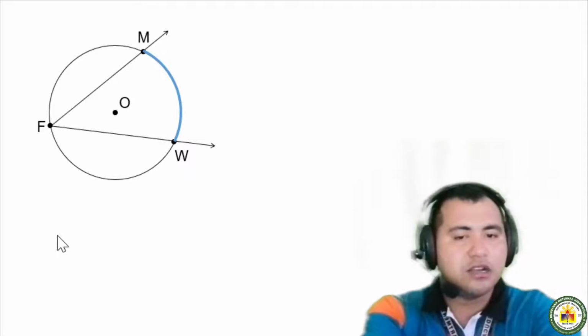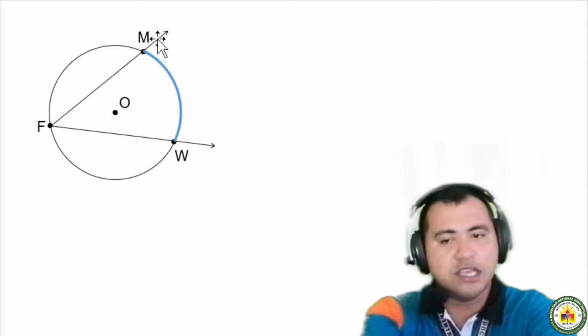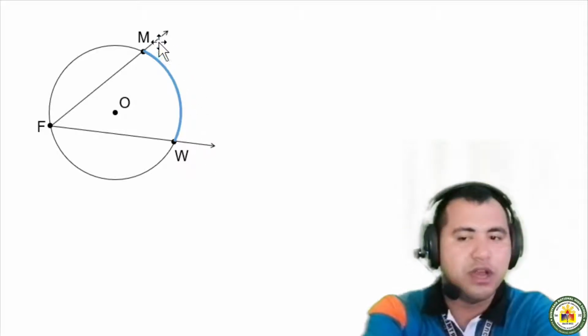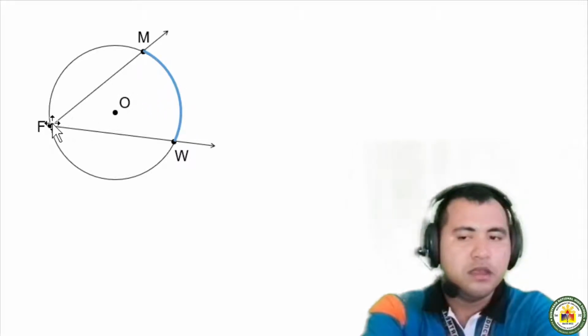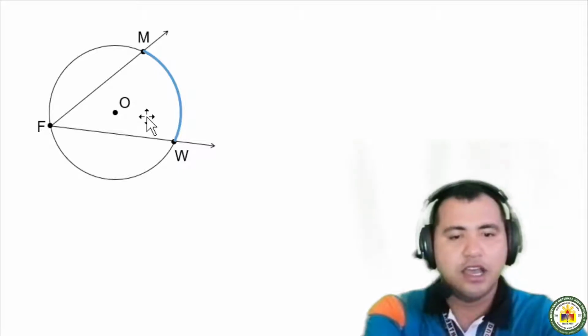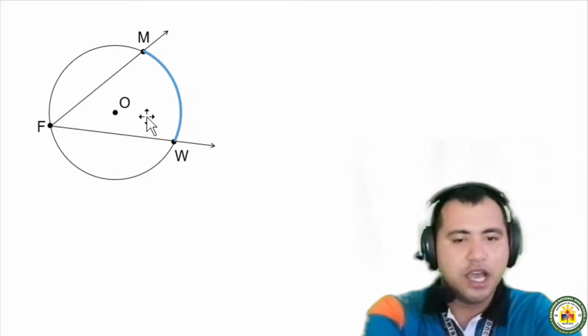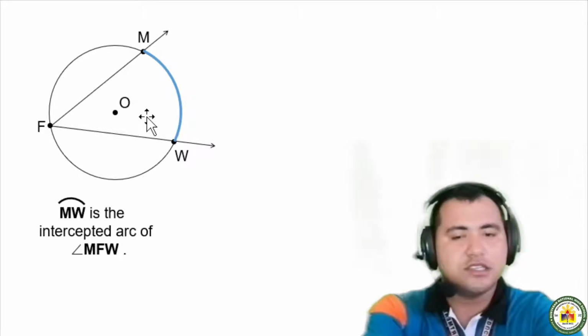Whereas the arc in the interior of our angle, the blue portion, whose measurement is from the endpoints, is the part covered in the interior of our angle. That arc is called the intercepted arc.